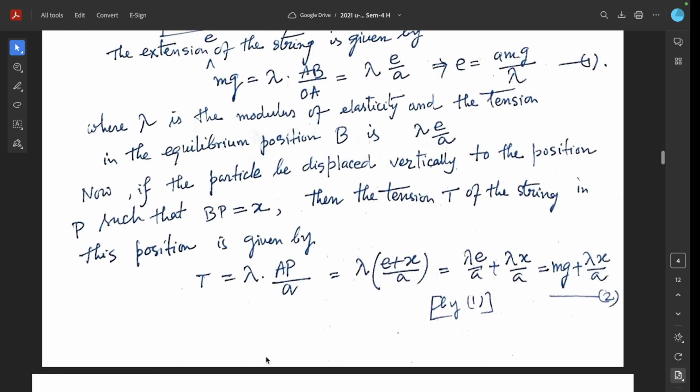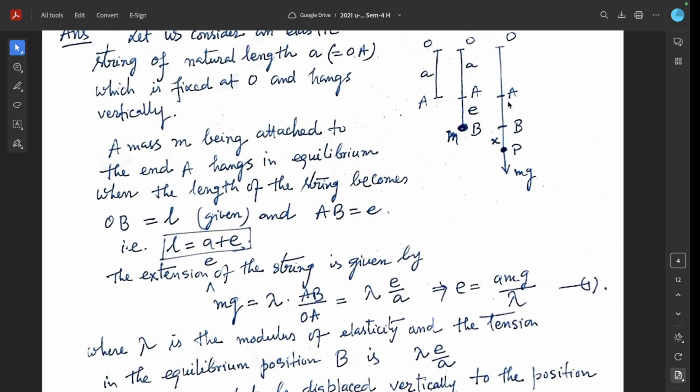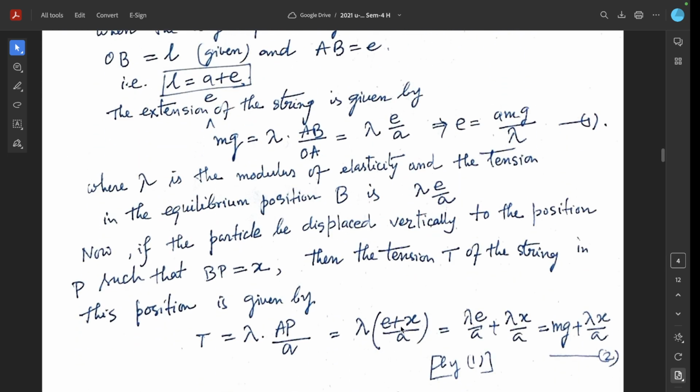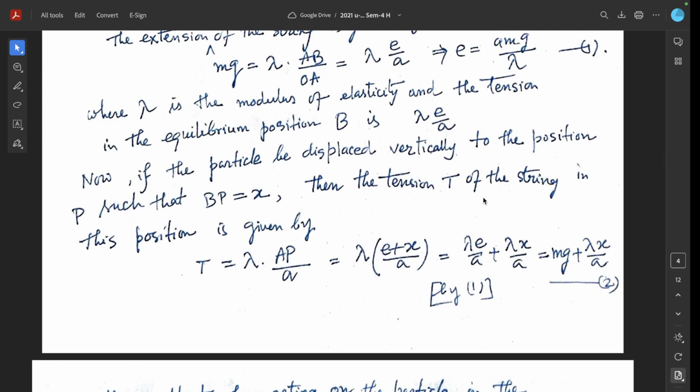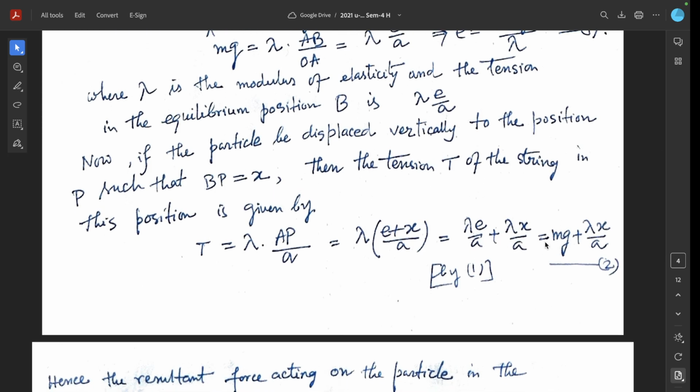OA is the small a here. So AP equals E plus x, because this length AB is E and this is x. So E plus x, and we get mg plus lambda x by a. We put here lambda E by a equal to mg. So tension T at this position P equals mg plus lambda x by a.